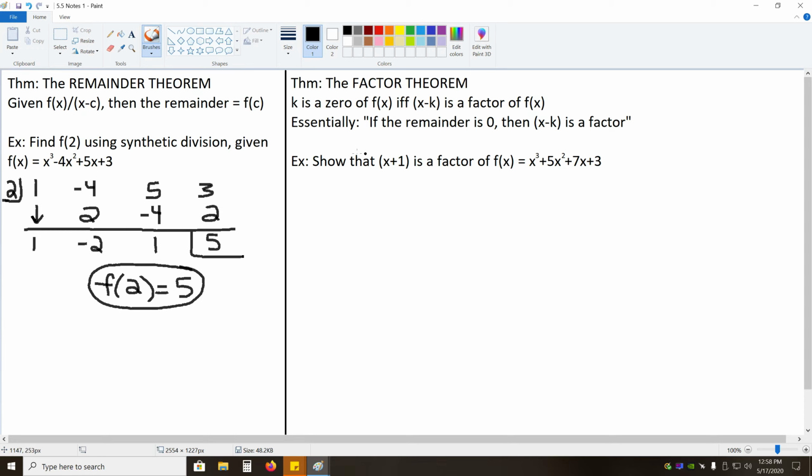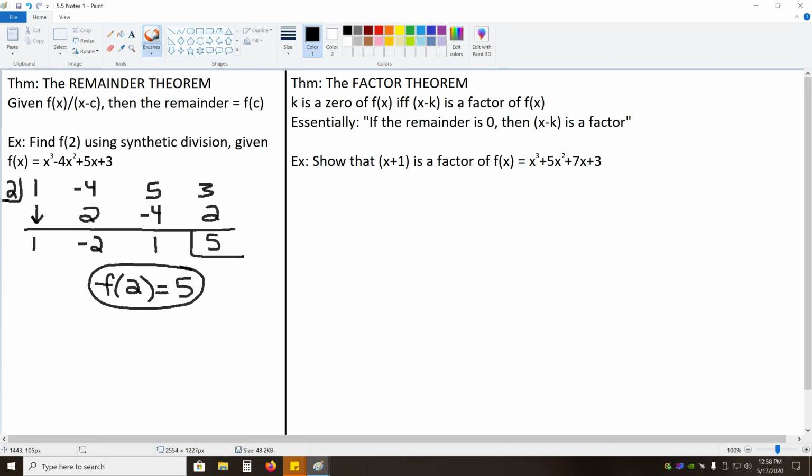Alright, so why is this useful to us? Well, the factor theorem elaborates on that a bit more. It says that k is a 0 of f of x if and only if x minus k is a factor of f of x. So this statement, if and only if, means the left statement implies the right statement, and the right statement implies the left statement.